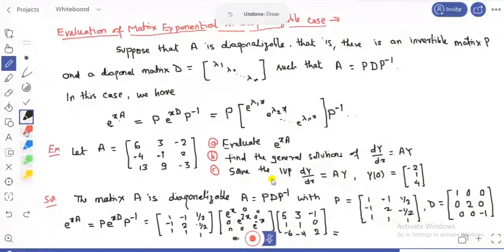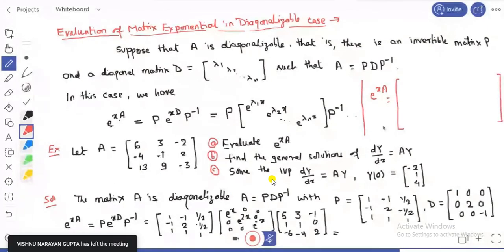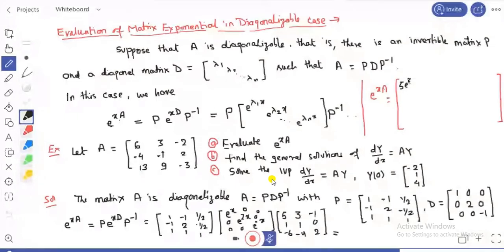So here the answer is e to the power xA, that equals this matrix, and this matrix is 5 e to the power x minus e to the power 2x minus 3 e to the power minus x, and here similarly minus 5 e to the power x plus 2 e to the power 2x plus 3 e to the power minus x. Okay, so if you multiply here, you can find this thing.